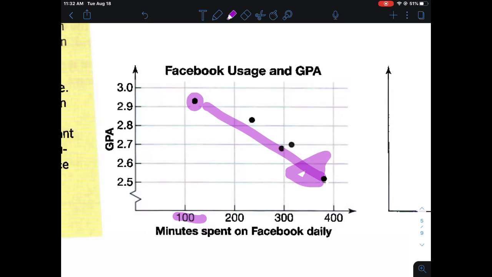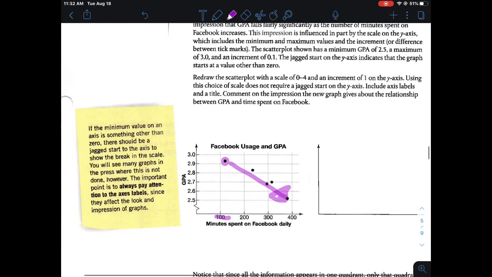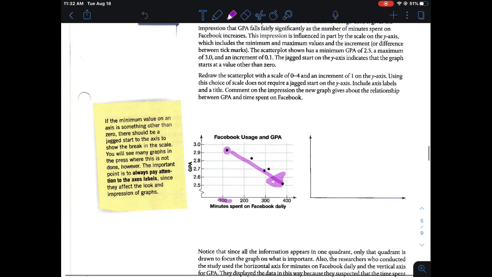And then we go all the way down to almost 400 minutes, and it looks like my GPA has dropped significantly. This impression is influenced in part by the scale on the y-axis, which includes a minimum and a maximum value, and the increment, or the difference between the tick marks. The scatter plot shown has a minimum GPA of 2.5 and a maximum of 3.0 with an increment of 0.1.